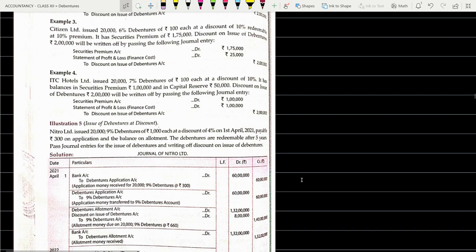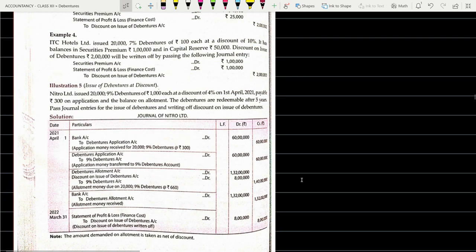Number 5. Nitro Limited have issued 20,000 9% debentures of rupees 100 each at a discount of 4% on 1st of April 2021, payable rupees 30 on application and the balance on allotment. The debentures are redeemable after 5 years. Hope you remember yesterday I was talking to you.